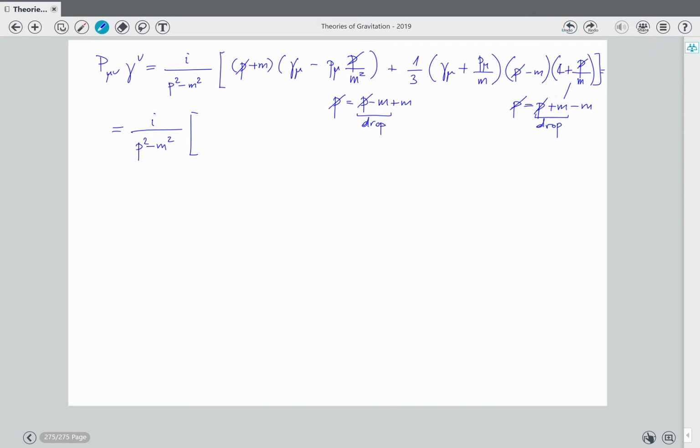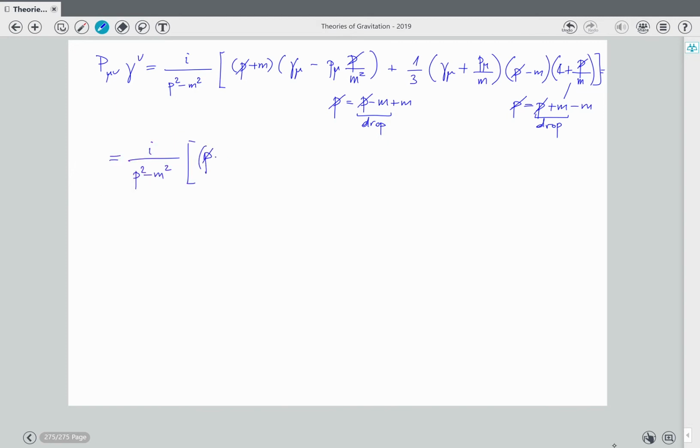So basically, in the first case p slash is equal to m, in the second case p slash is equal to minus m. And when you do that, you get some simplification.